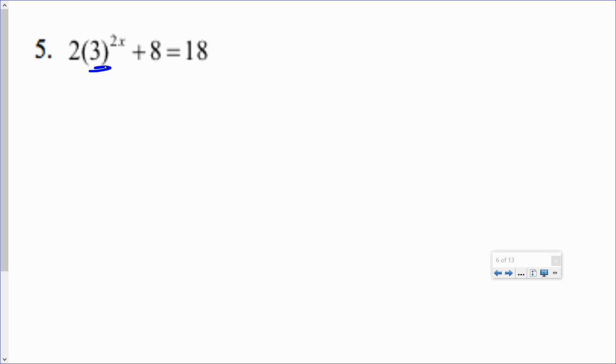So I want you to do that on your own right now. As a hint, to get that by itself, when you're isolating something, add or subtract first, divide last. I'm going to give you about 45 seconds to isolate that 3 to the power of 2x.